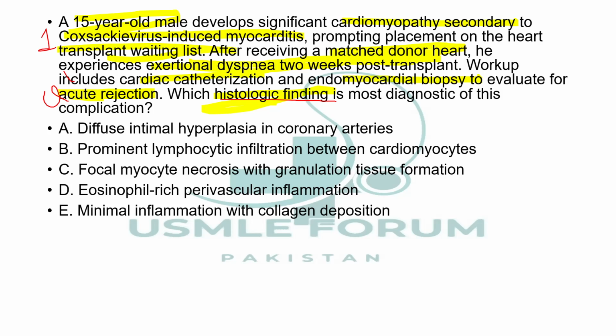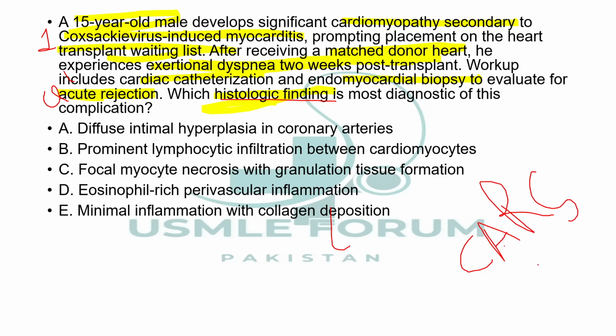Now, Coxsackie virus has two variants, Coxsackie A and Coxsackie B. Coxsackie A causes hand, foot, mouth ulcers. And one high yield important thing that you must know is that Coxsackie A, along with two other infections, causes a rash that can involve the palms and the soles.